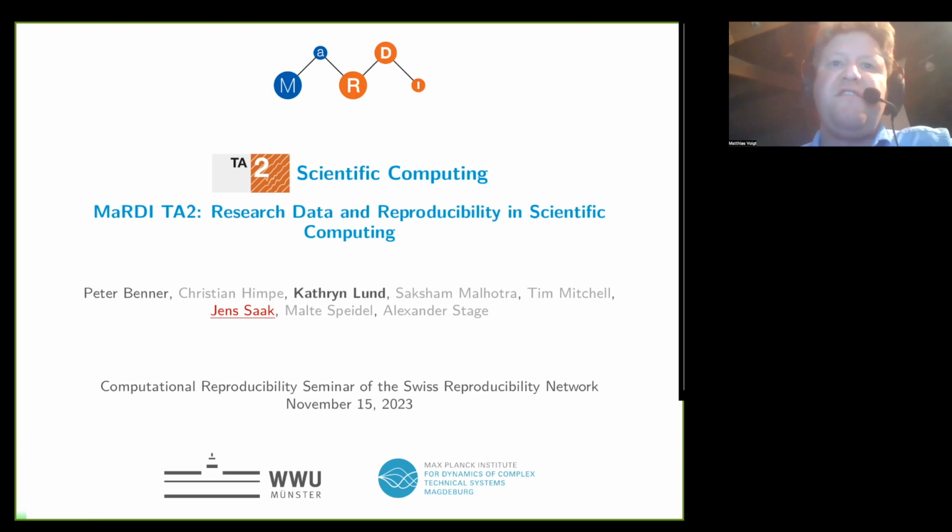Together with others, he has written a quite well-cited paper on reproducibility, replicability, and reusability for software and scientific computing. For a couple of years, there has also been a research initiative going on this topic in Germany, and that's what he will be talking about today. So Jens, the stage is yours.